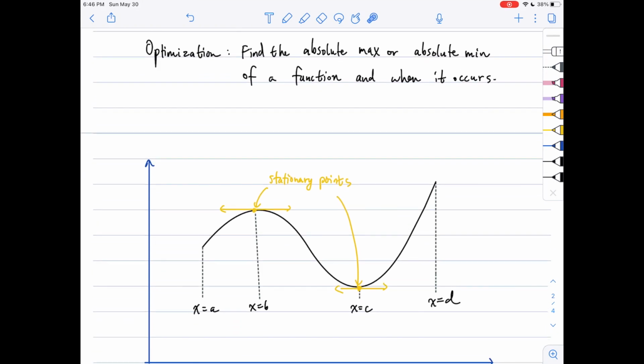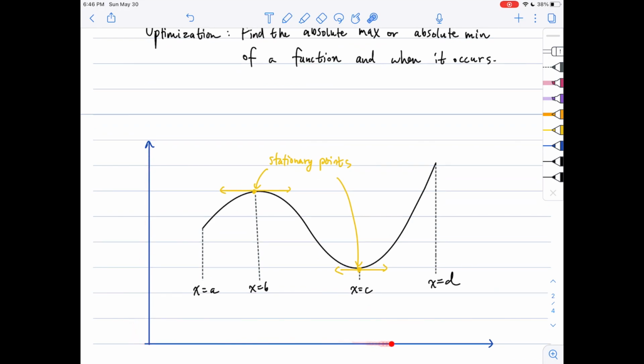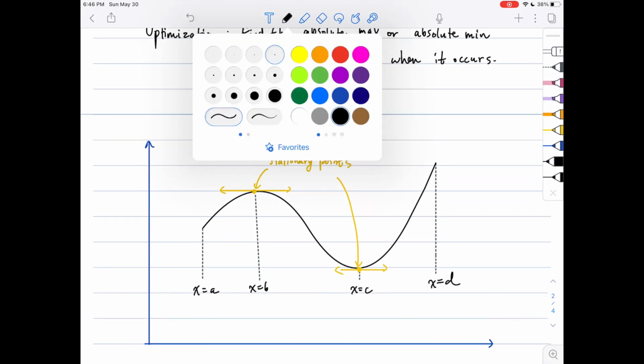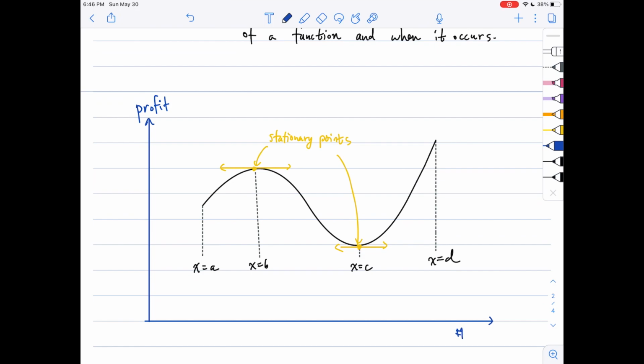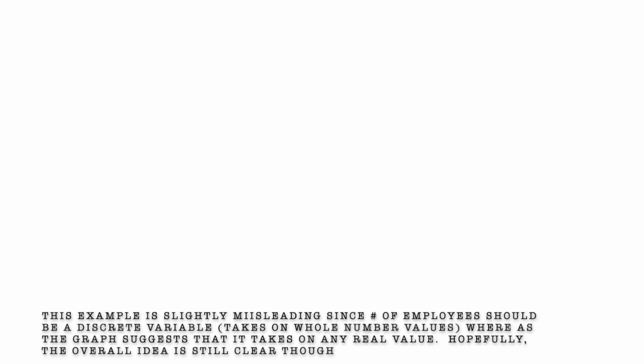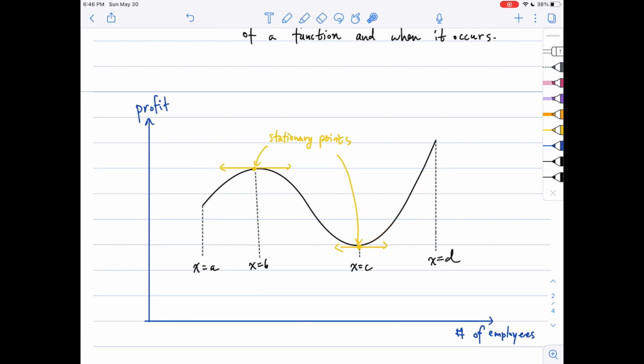So if you take a look at this graph down here, this is a really bad example. Let's say that we have profits for a company on the y-axis and number of employees, so the number of workers, on the x-axis. And let's say we have a graph that looks something like this. I'm just making up an example here, but it'll do.